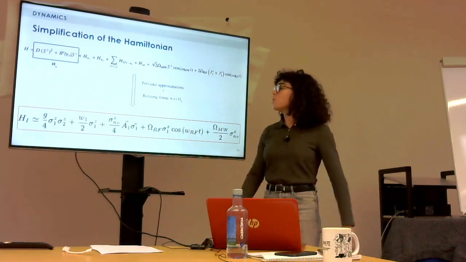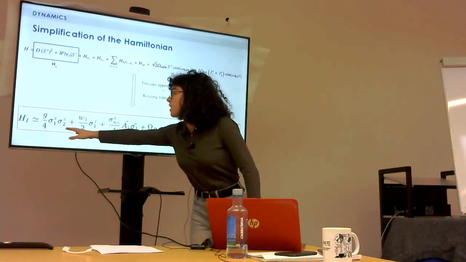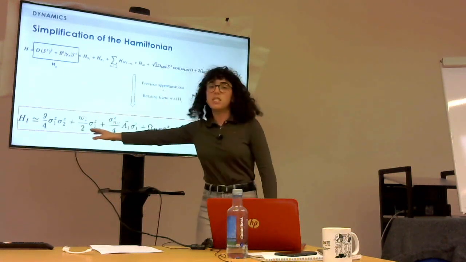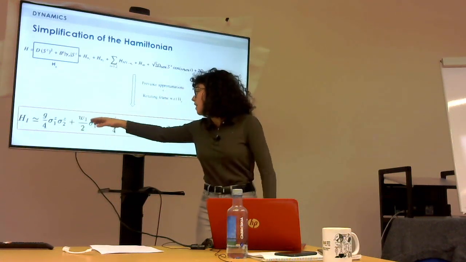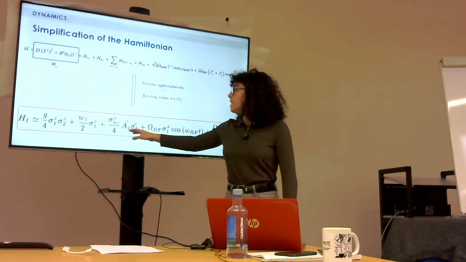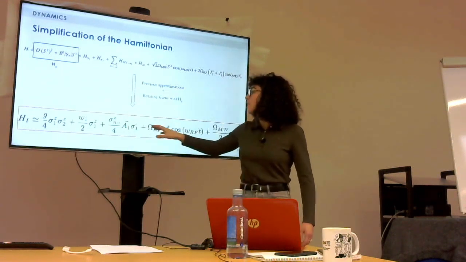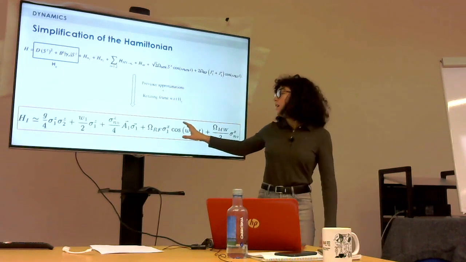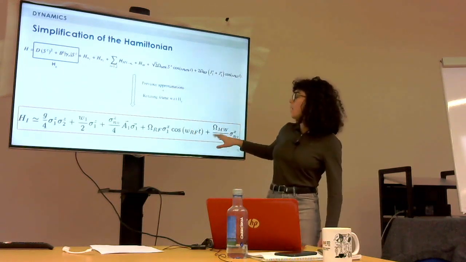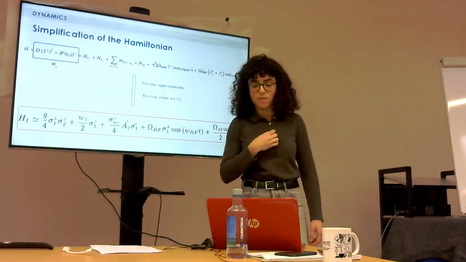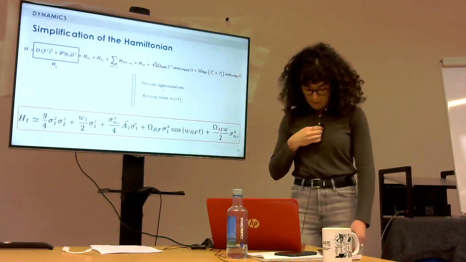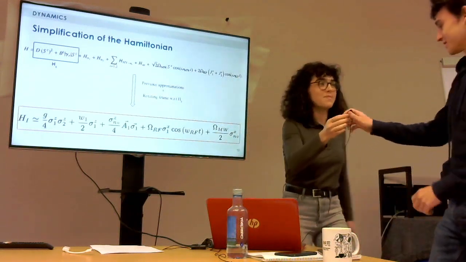Just to keep in mind, this is the interaction between the label electrons. This is the Hamiltonian of the label electron 1. This is the interaction between the NV and this label electron. We have the driving of the label electrons, and then we have the microwave driving. And now Paul will continue with the presentation. Thank you.